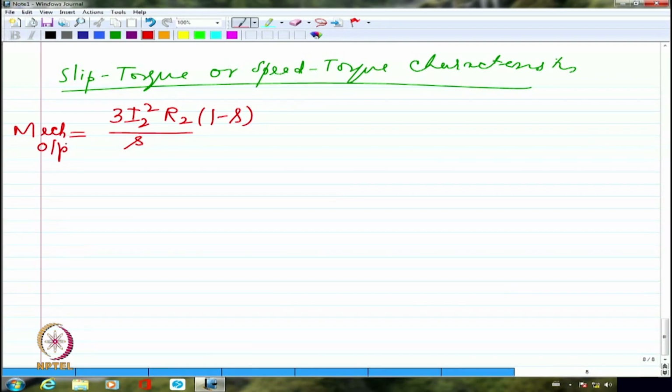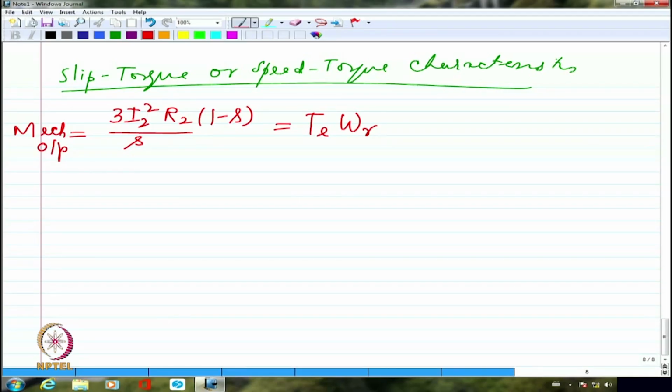That has to be clearly equal to TE multiplied by omega R. What is the torque that is generated multiplied by the speed of the induction motor?